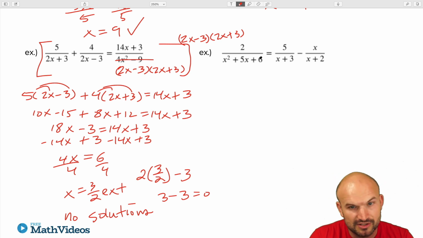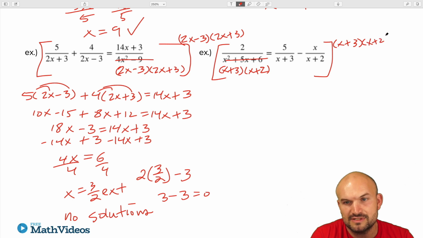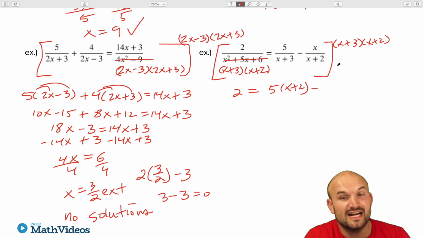Here's another example. Notice how these two add up, so we can share the same denominator. We're following the same process here. x plus 3 times x plus 2. Here, we're just going to be left with 2 equals, as the x plus 3's divide out, 5 times x plus 2. And here, we have to make sure we're careful with these x's.